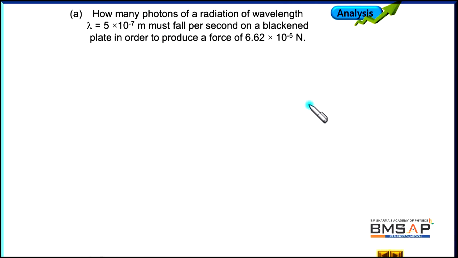As we are discussing, let us write the momentum of the photon, because we can treat the interaction of the photon with any matter classically. So, momentum of the photon is given by h divided by lambda. This is the momentum of a single photon. Let us assume the number of the photons falling on the plate per second.